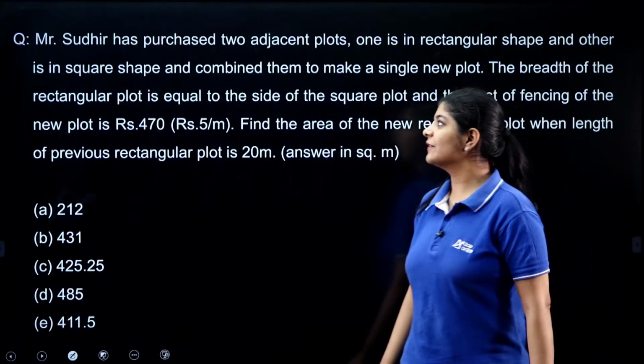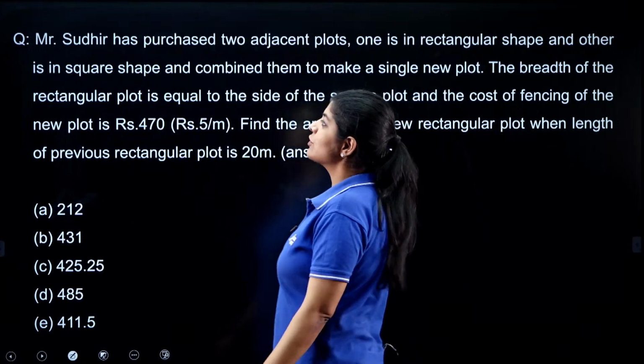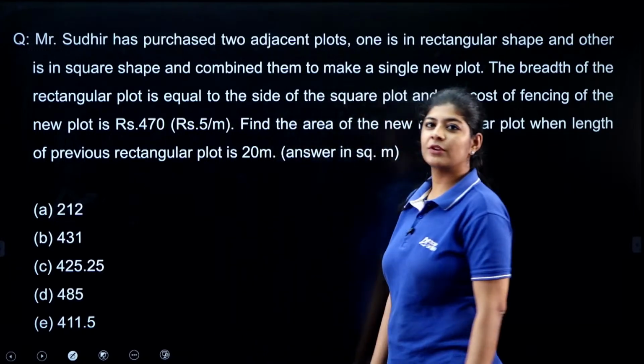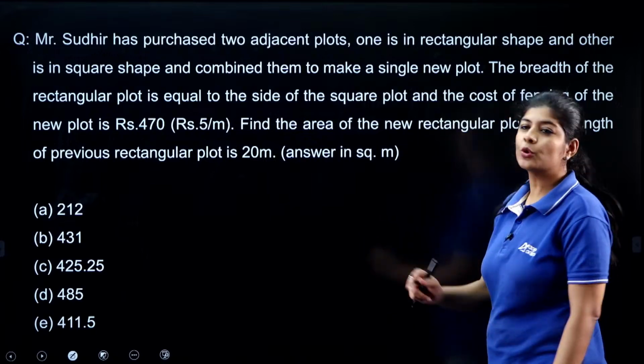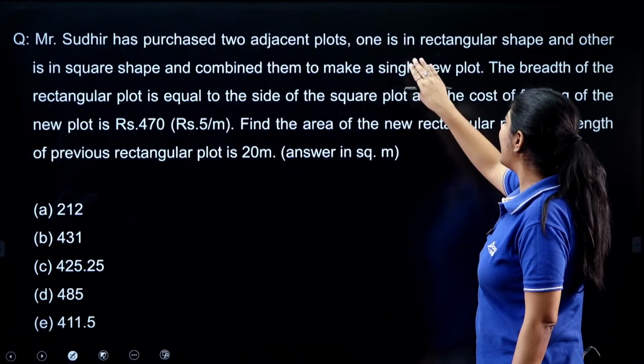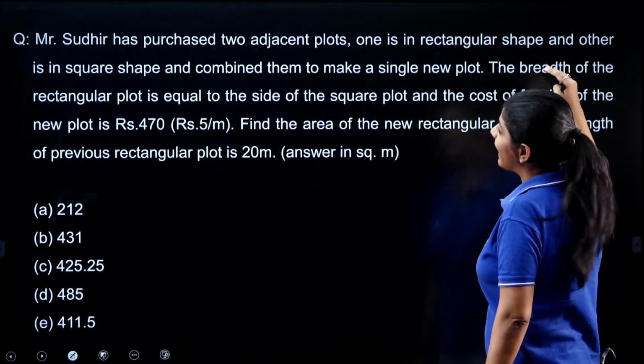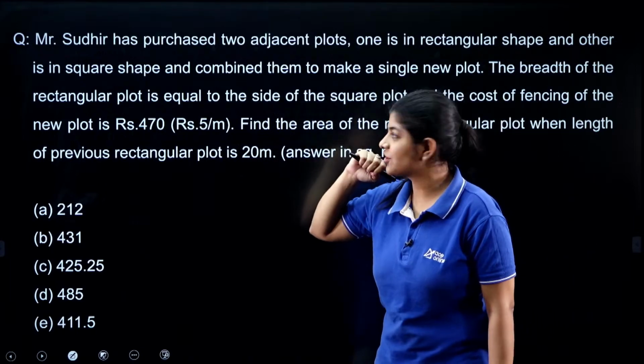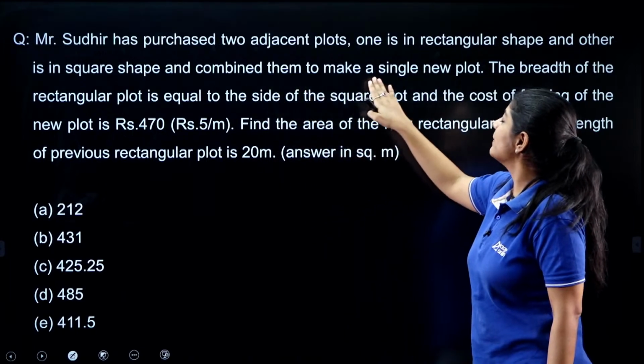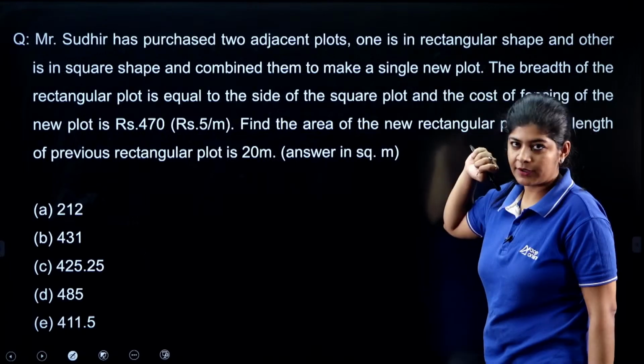So let's start with the very first question. The question says that Mr. Sudhir has purchased two adjacent plots. One is rectangular and the other is square, and he combines them to make a single new plot.